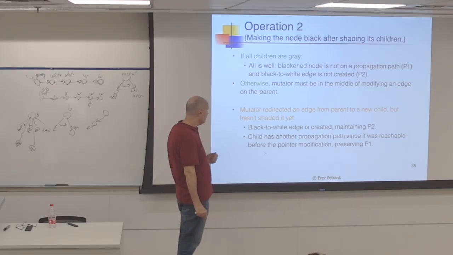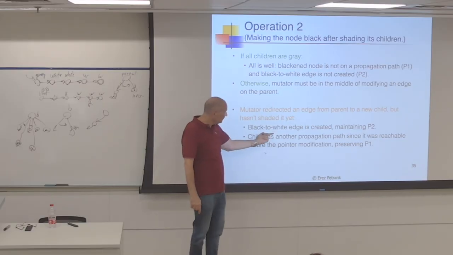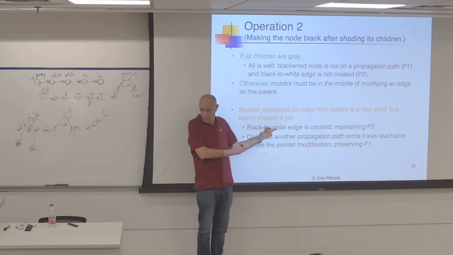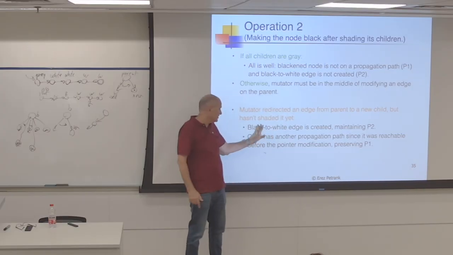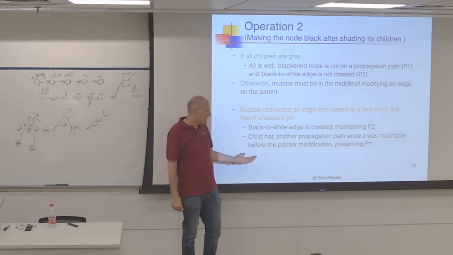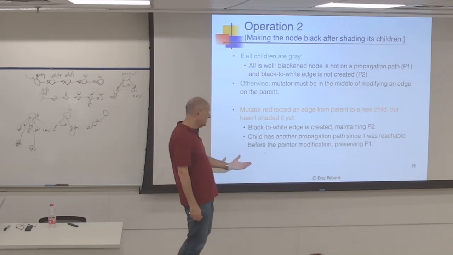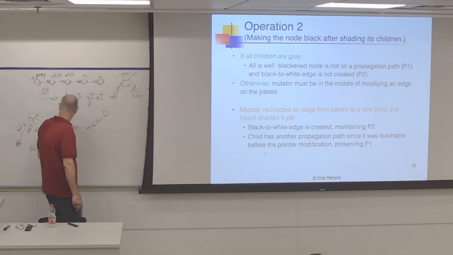So first of all, a black to white edge is created, but it's fine. Like you said, it's maintaining P2. It's the most recent modified edge. That's fine. Now I have to make sure that I'm not killing any propagation path. I'm not eliminating something that existed before I made it black.